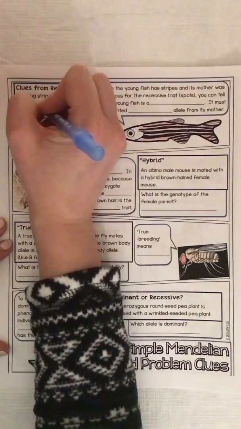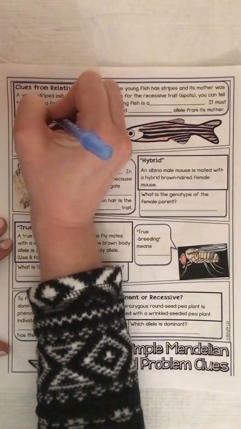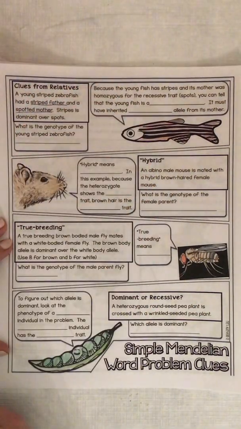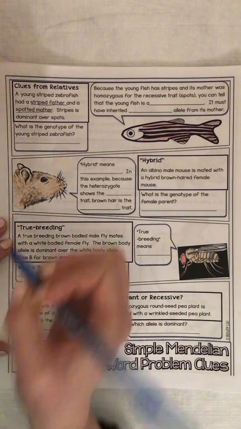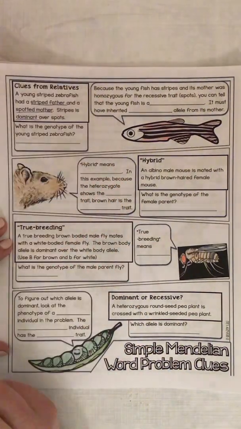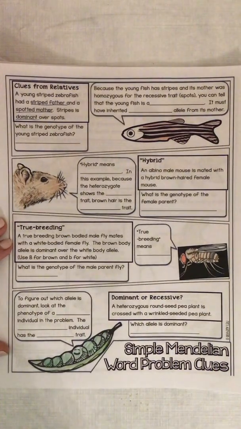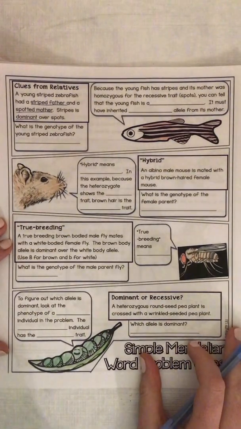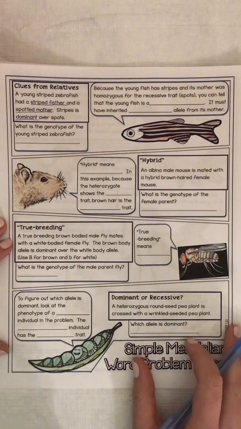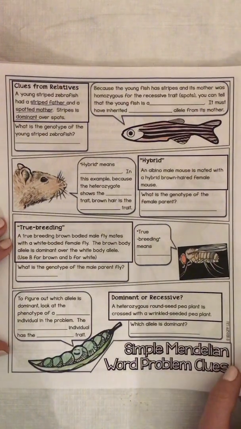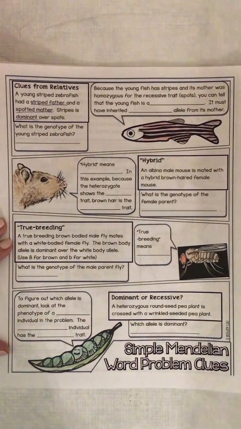The first thing I want to do is underline where we are getting the genes from. And we know stripes is dominant over spots. So the first question is what is the genotype of the young striped zebrafish. I think we need a little bit more information before we can figure out the answer to that question.